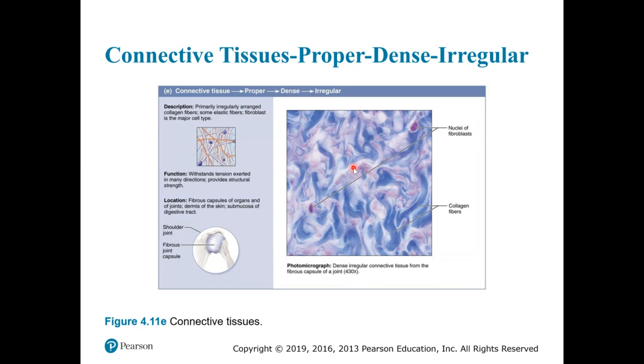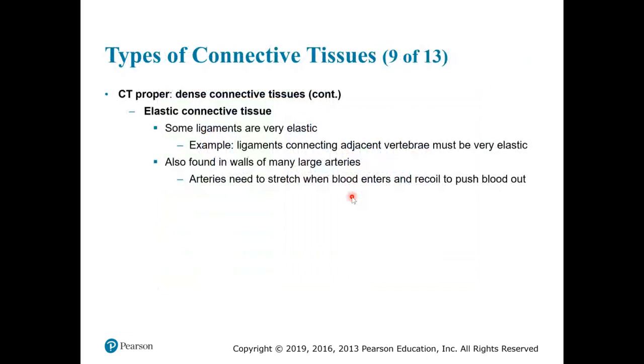Like I said, the periosteum of bones, the protective sheath around muscles, the epimysium, perimysium, and endomysium are all made of dense irregular connective tissue. Dense irregular connective tissue anchors the heart and major blood vessels. So even though the picture is ugly and it looks like clouds of Jupiter, it's a very important tissue.